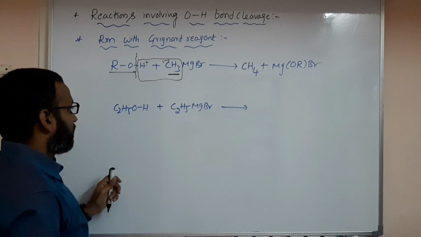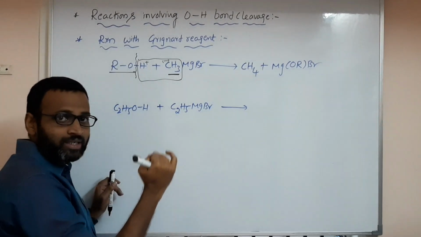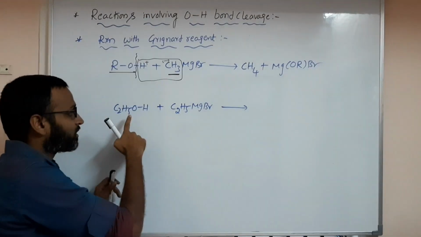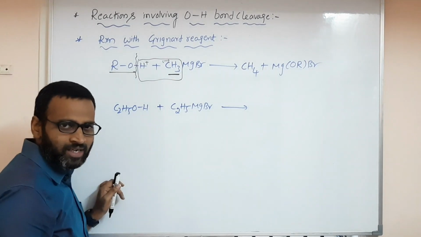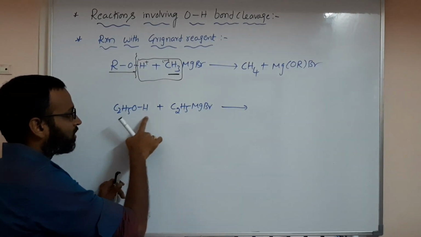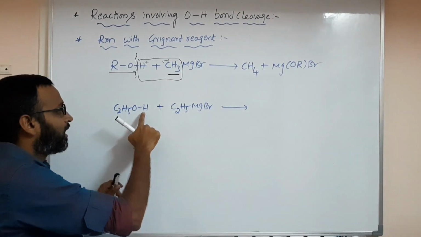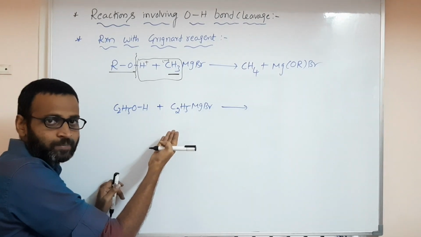But I can tell you one thing: as the number of carbons increases, the reactivity decreases. Methanol is more reactive than ethanol, because in ethanol there are 2 carbons. Understanding? As the number of carbons increases, plus I groups increase, so it cannot lose hydrogen easily, so it becomes less reactive.